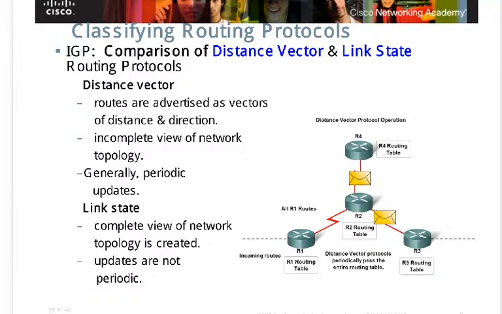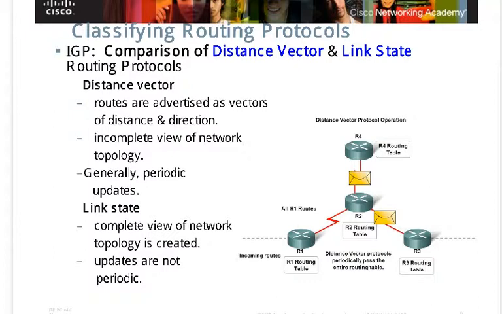The routing table contains two important pieces of information in addition to some other information. The two important pieces of information are, first, the total distance, and second, the next hop or the direction that I have to take.